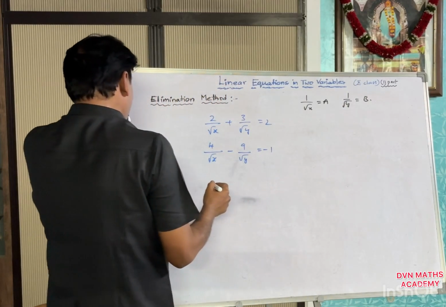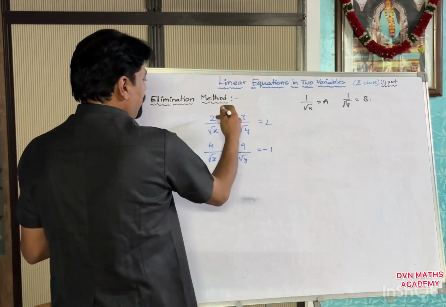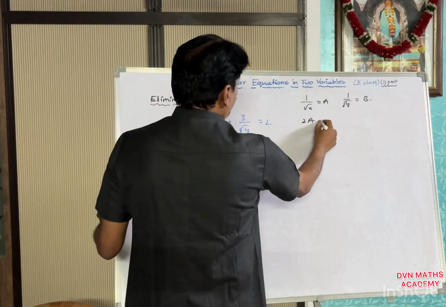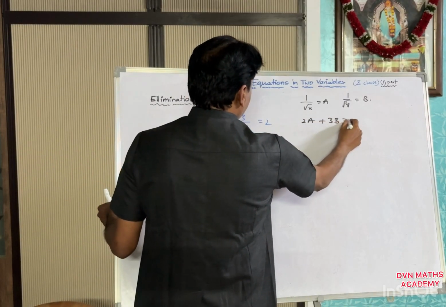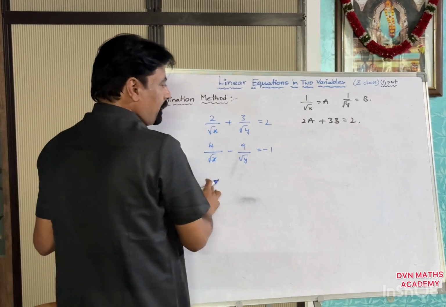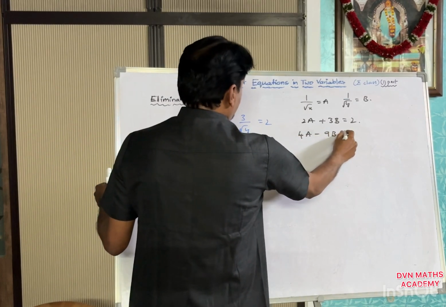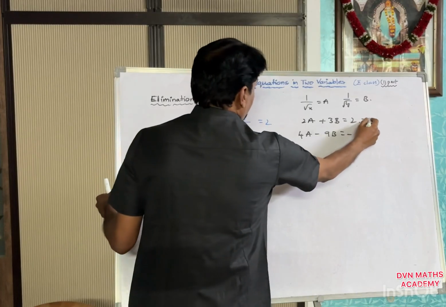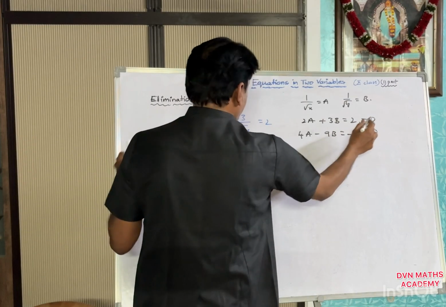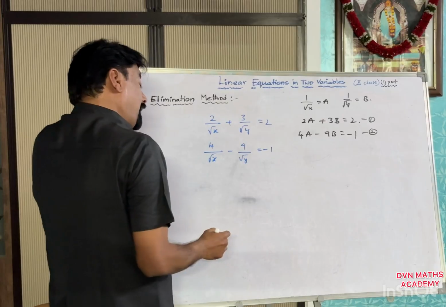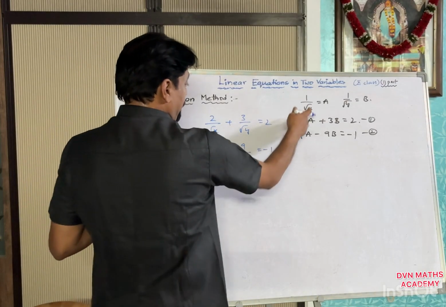Now what happened? My first equation, 1 by root x is a, means 2a plus 3b is equal to 2. And the second equation becomes 4a minus 9b is equal to minus 1. So this is my first equation and this is my second equation. How do I eliminate the a terms?